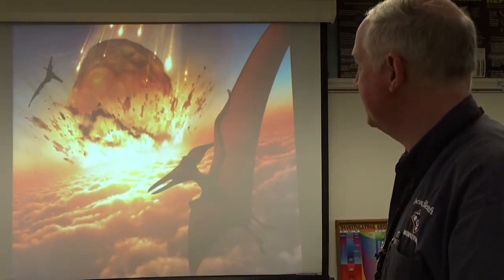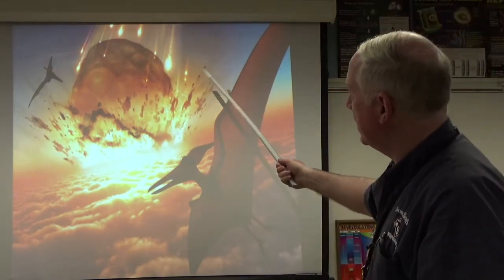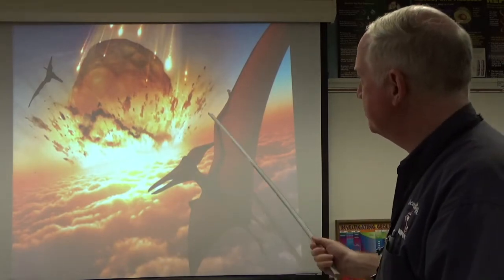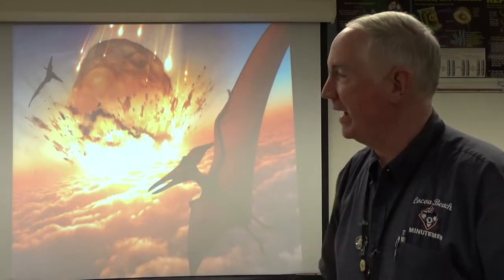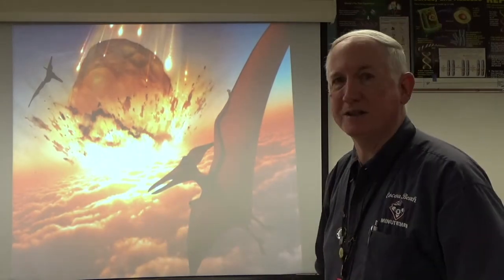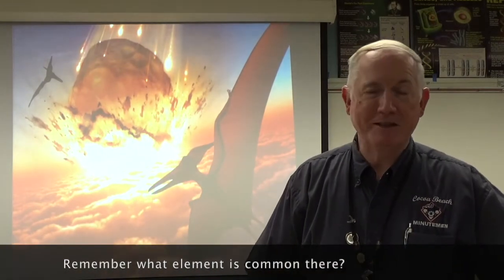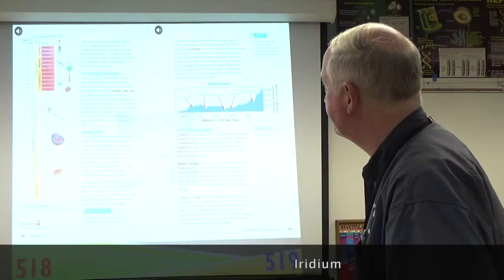You can see a couple of pterodactyls having the worst day of their life as a giant 6-kilometer asteroid comes smashing down into an area near Chicxulub, Mexico. This is the asteroid that caused the KT boundary, the Cretaceous-Tertiary boundary, and ended the reign of dinosaurs and brought in the age of mammals, which we're still sort of in.